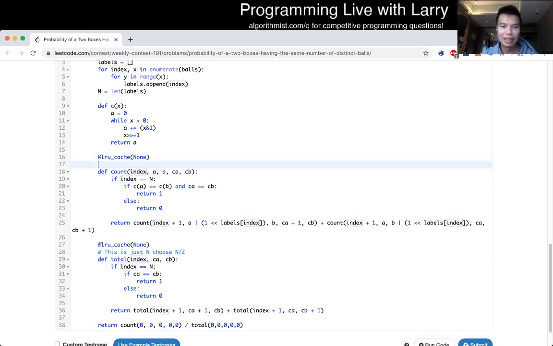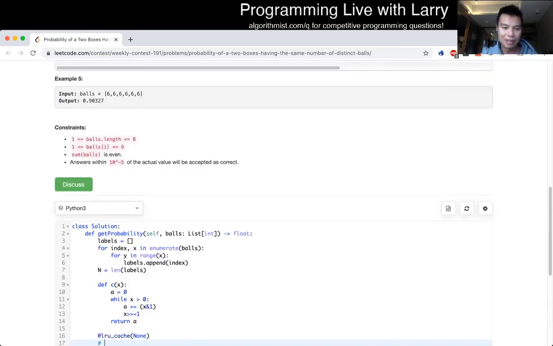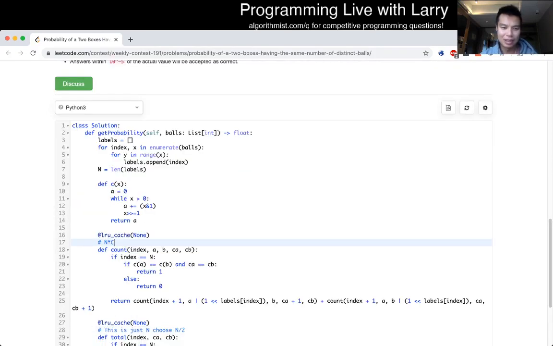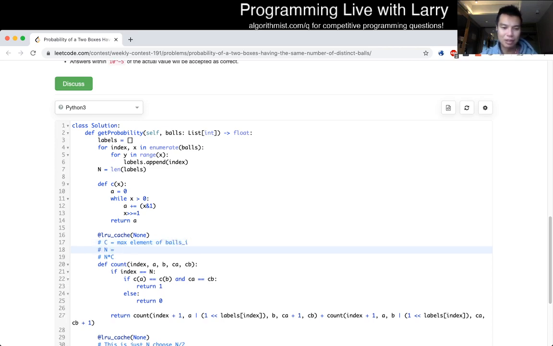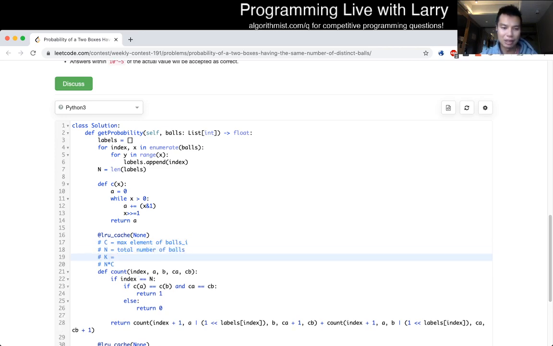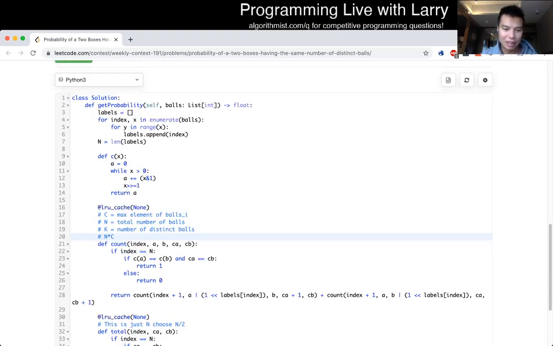Well, it's just n. It's O of n times C, where C is the max element of A sub i or ball sub i, and n is the total number of balls, and k is equal to the number of distinct balls.